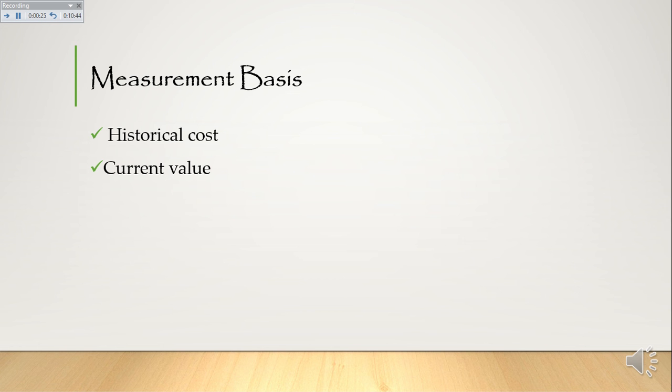Sa current value, ang current value naman ay nagpo-provide ng updated monetary information na nag-reflect sa conditions at measurement date. At ang current value ay sakop nito ang fair value, value in use, fulfillment value, at ang current cost. Ito naman sa fair value.